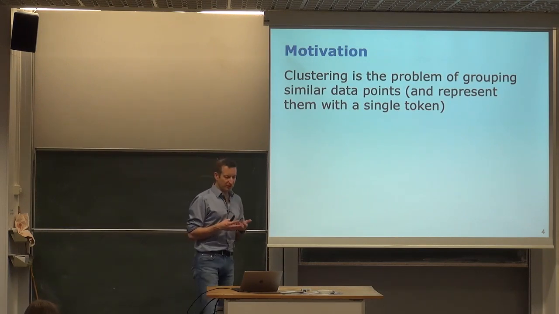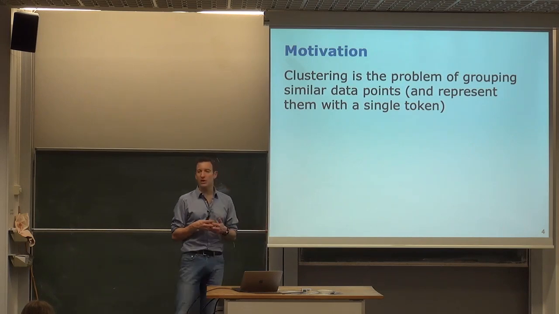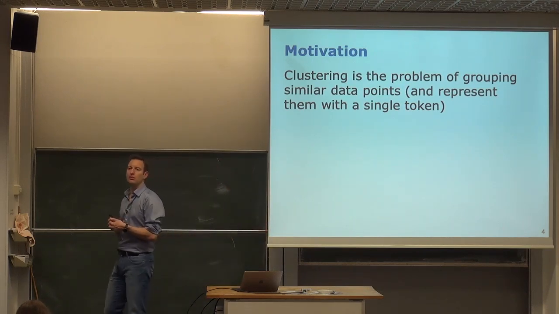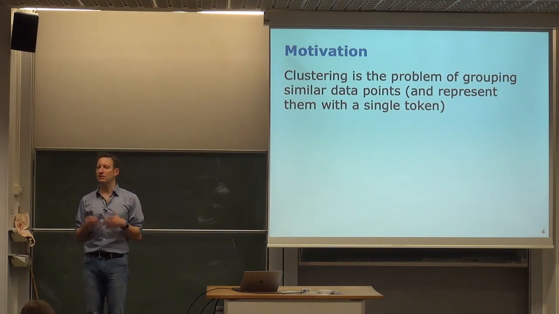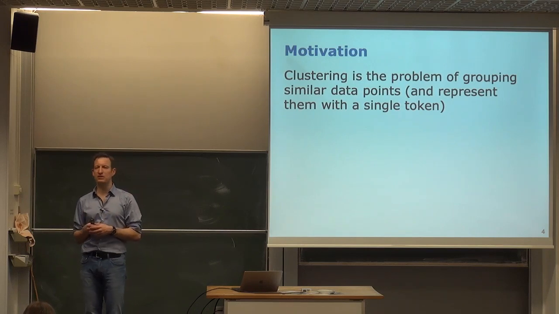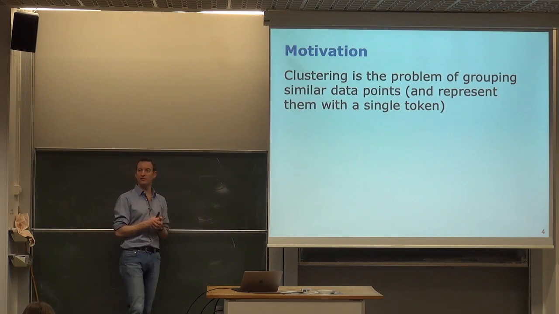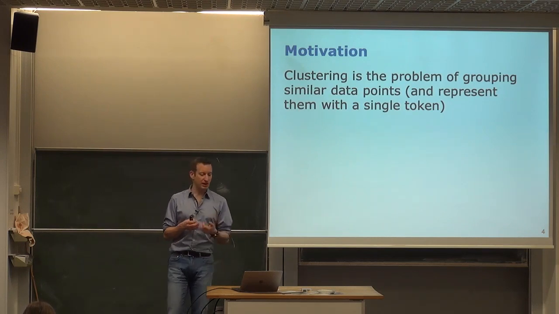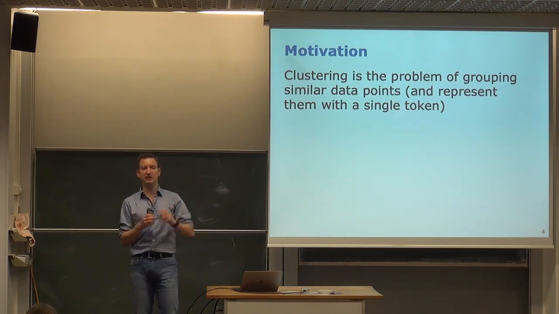The important thing is that most of the time in clustering, we represent this cluster with a single element or a single token. If we have 3D data points, it may be the center, the mean of all those data points in the 3D world. If these are regions in an image, this could be the mean intensity value in this region, maybe even combined with the pixel location or central pixel location.